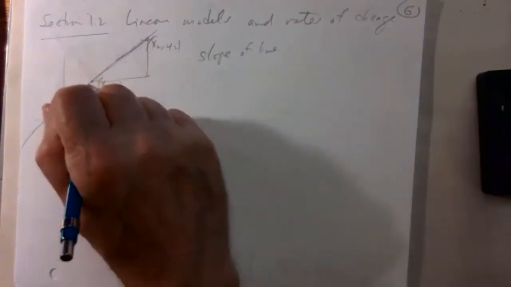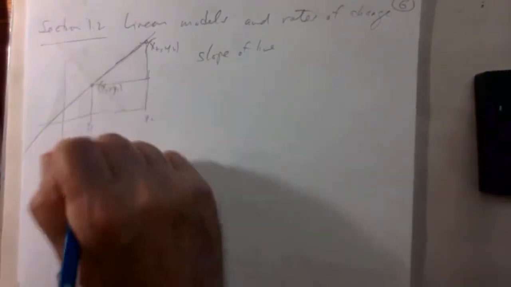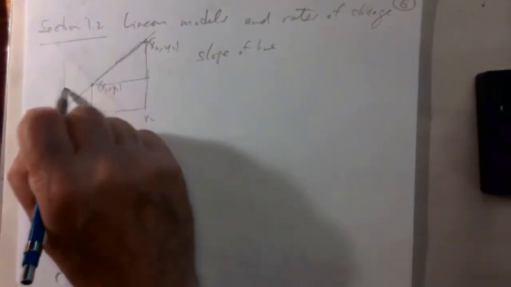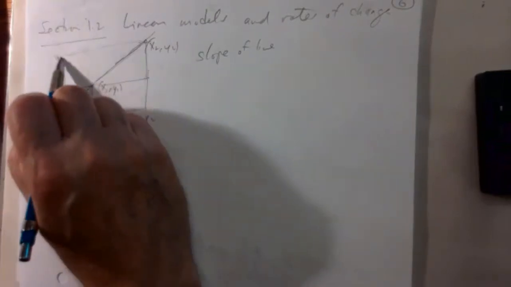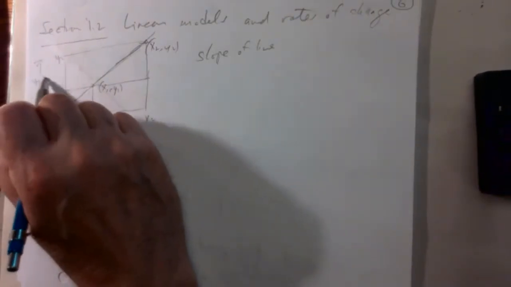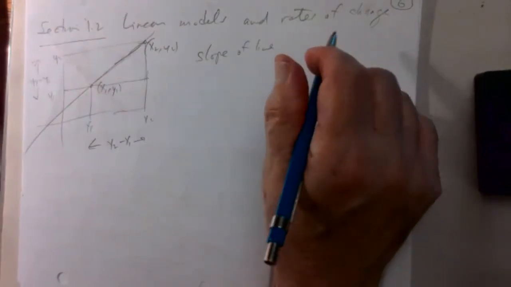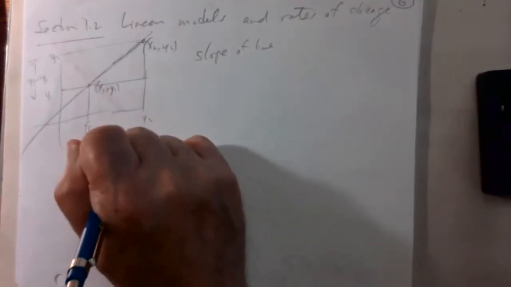So as you go from x1 to x2, this distance is x2 minus x1. And as you go from y1 to y2, the height, this difference is y2 minus y1.